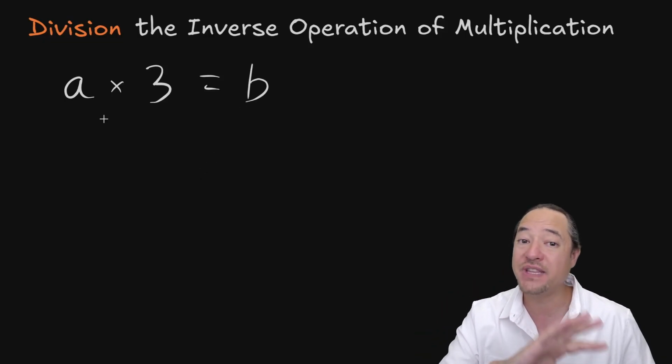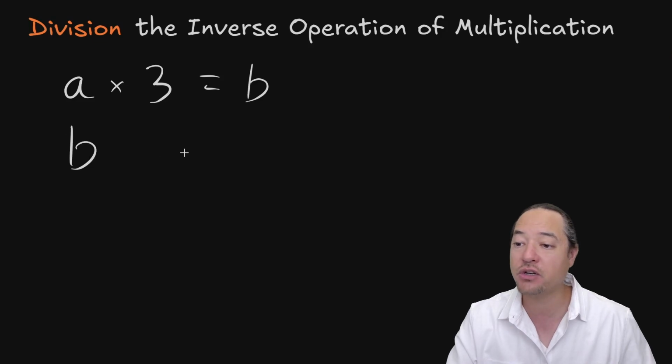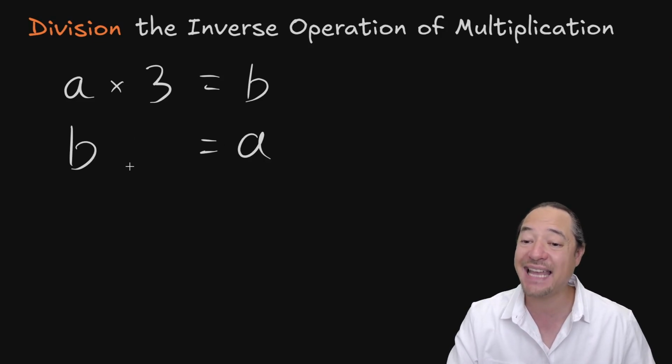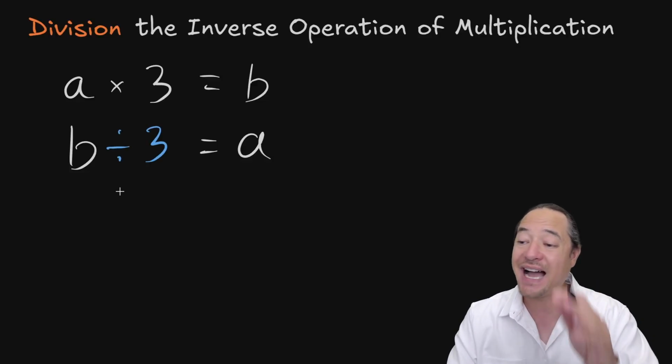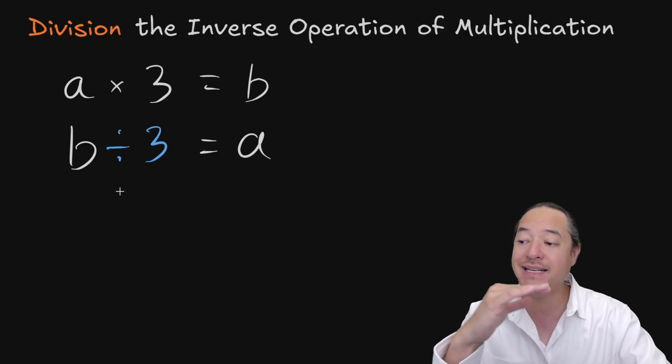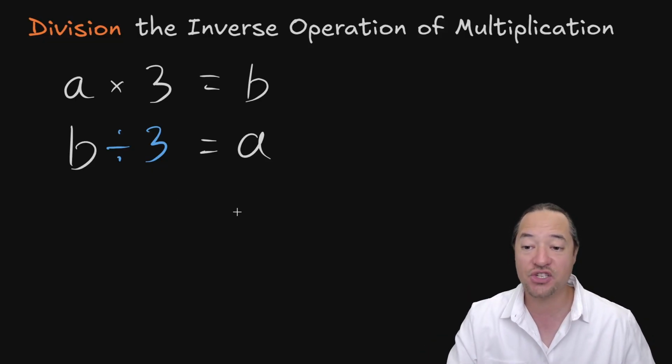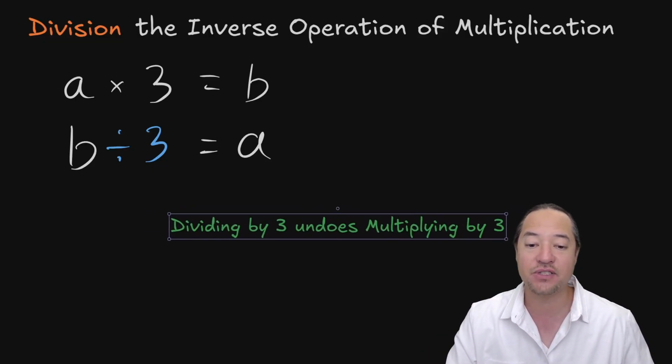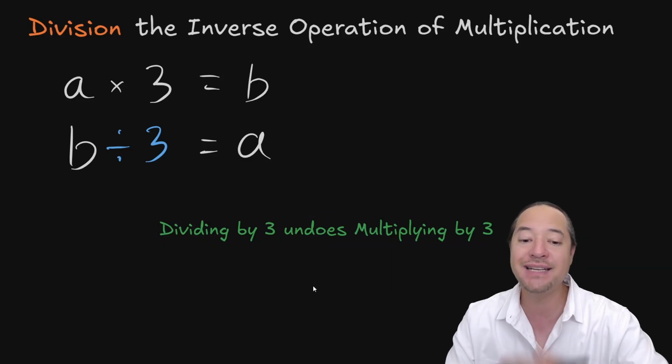Now, if we wanted to do the inverse, maybe we start with b and we want to get a. How do we get a? Well, we're going to have to divide this quantity b by 3. So dividing by 3 sort of undoes the multiplication by 3. That's the idea here, right? So dividing by 3 here undoes multiplying by 3.